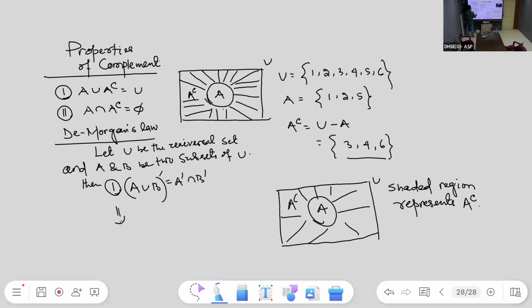The second one is A intersection B whole complement is equal to A complement union B complement.